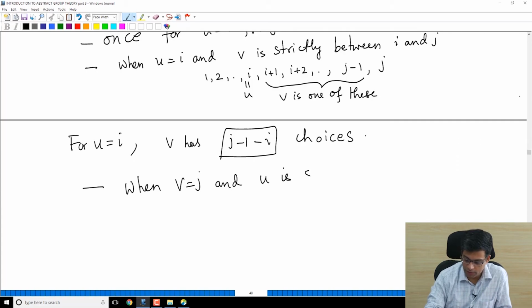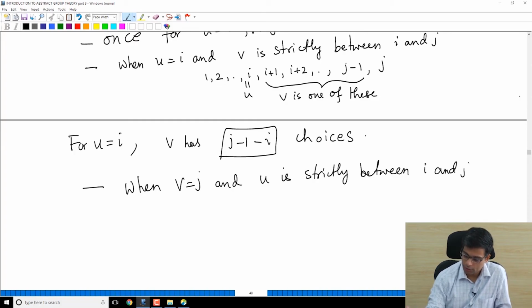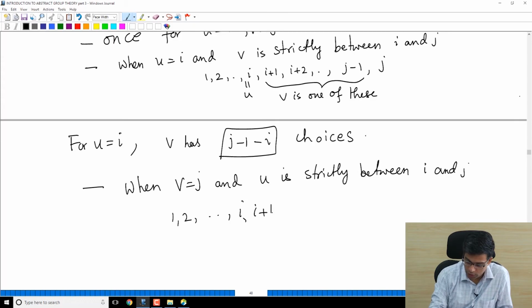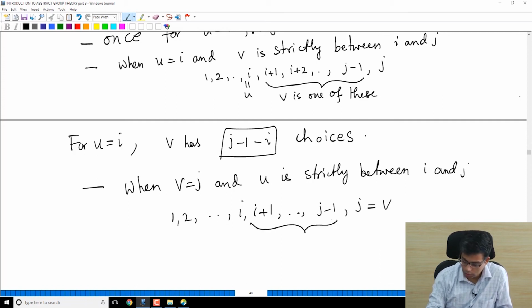U is strictly between I and J. Okay, so again the same concept. So you have 1, 2 up to I plus 1, and J minus 1 and J equals V. So U is among this.